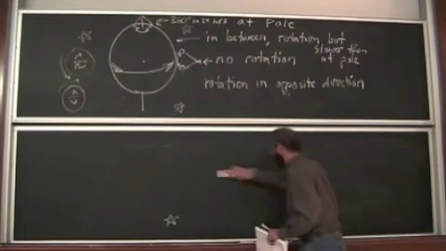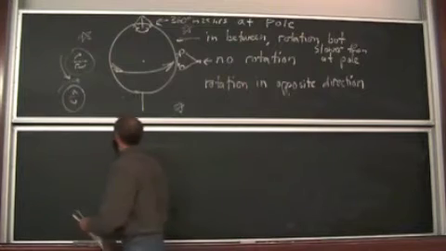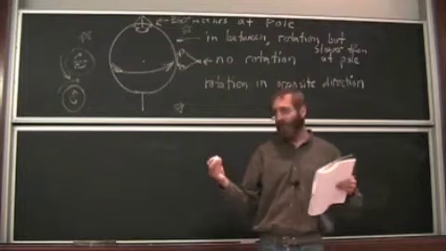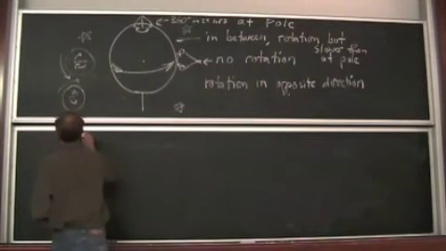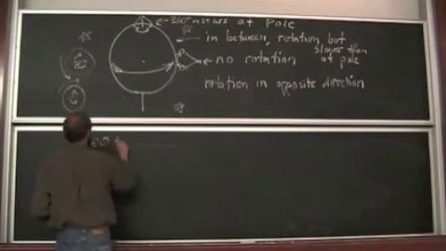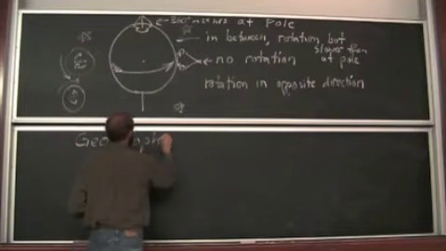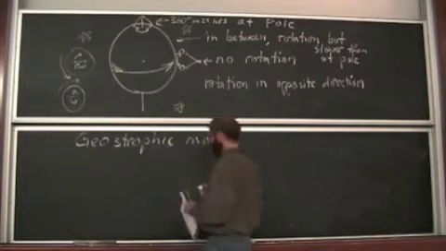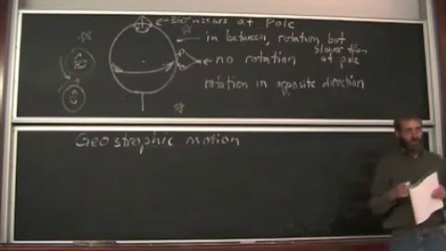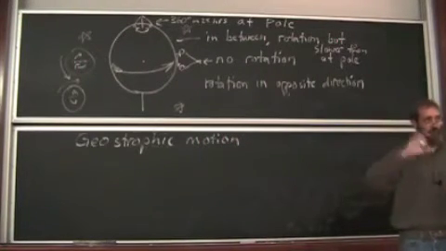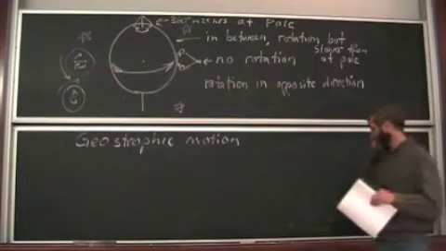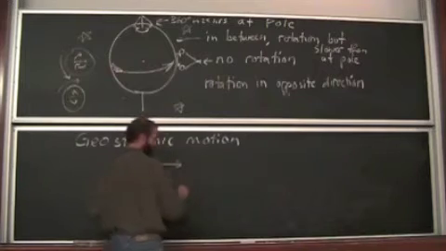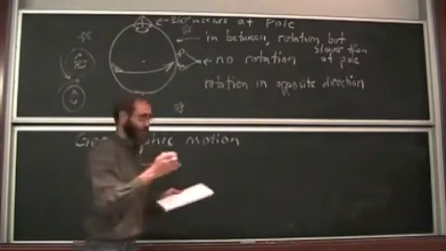So what does this do to winds and currents? The end result is a phenomenon known as geostrophic motion. Let's say we're going to make some current flow in water, and we're going to do that by having some sort of a push in some direction, like wind.